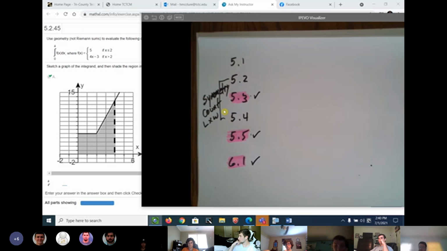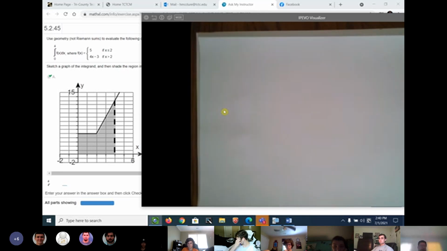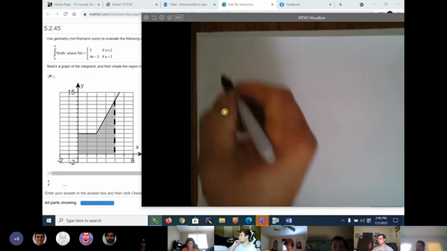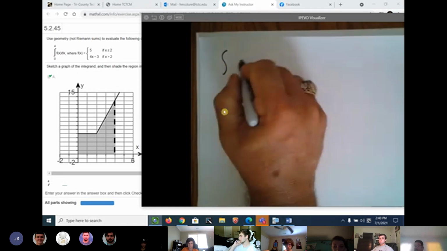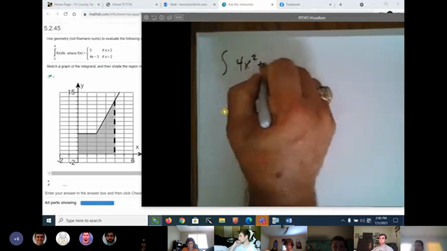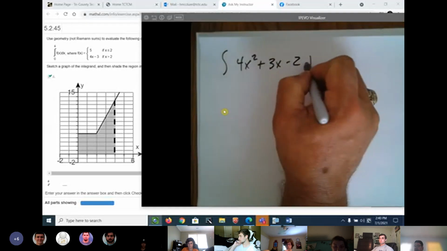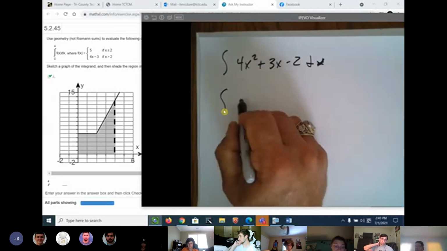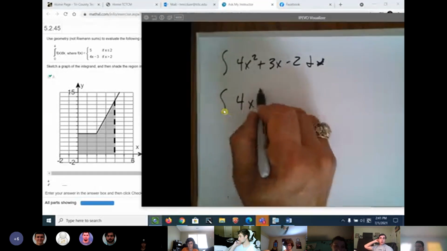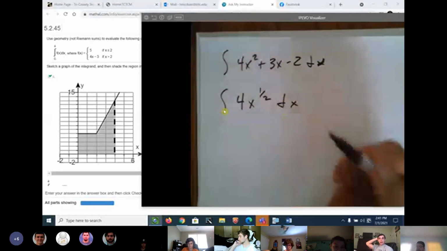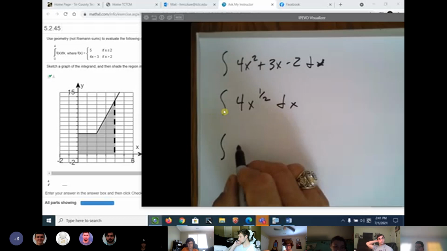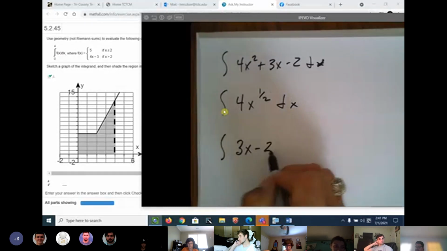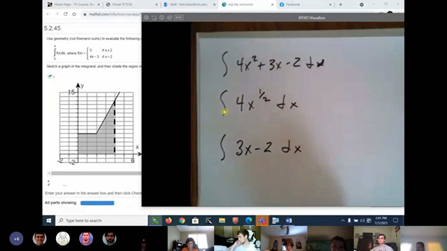All right, so with that being said, up until today, you have been doing this. The antiderivative of 4x squared plus 3x minus 2 dx. The antiderivative of 4x to the 1/2 dx. The antiderivative of 3x minus 2 dx.